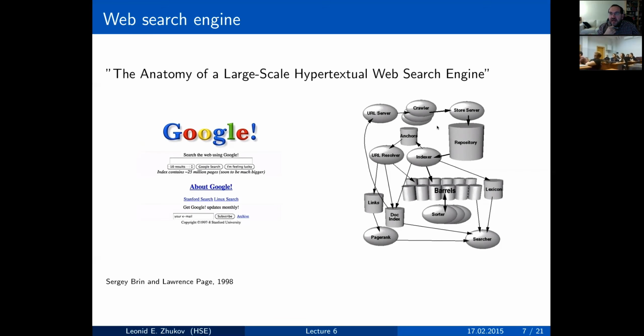It's kind of interesting that by that time, by 98, there were already a few search engines out there. There were Altavista, there were WebCrawler, and a few more. And people were using them. It was something new and exciting.